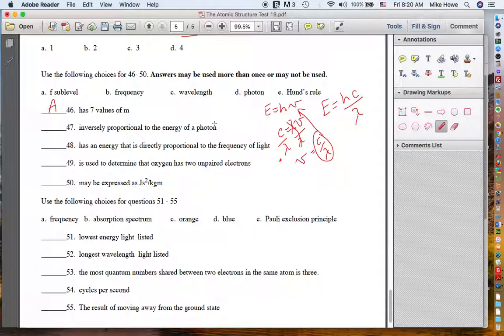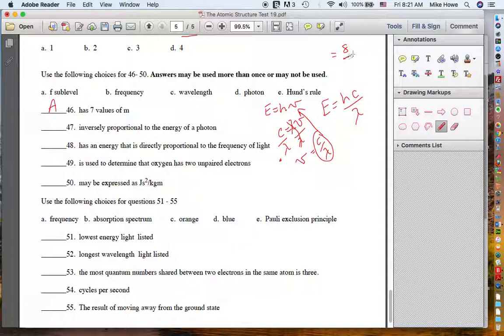Now it might be easier to see that the energy is inversely proportional to the wavelength, because these are both constant. So if this number gets bigger, then this number has to get smaller. Or if this number gets smaller, this number is going to have to get bigger, since the wavelength. If you don't believe me, try it. Just put, the constant will make it 8.